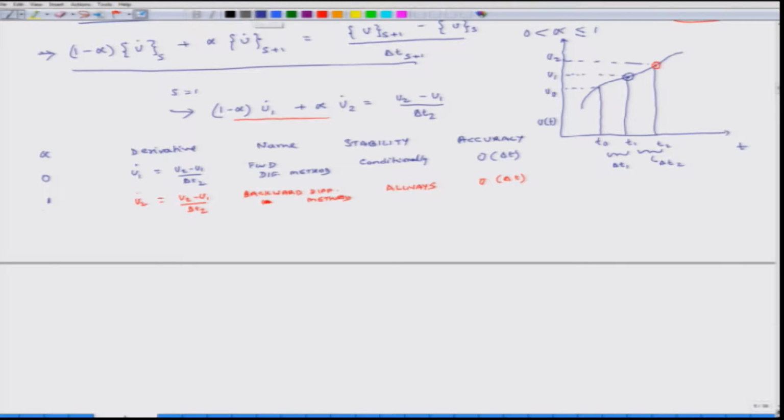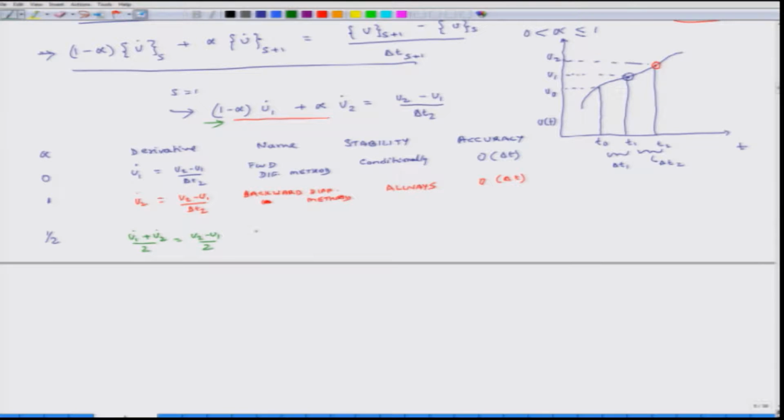And then I can have different values of alpha between 0 and 1. Another value of alpha I can have is half. And here what does it say? It says that u1 dot plus u2 dot divided by 2, again plugging this alpha in this equation, equals u2 minus u1 divided by delta t.